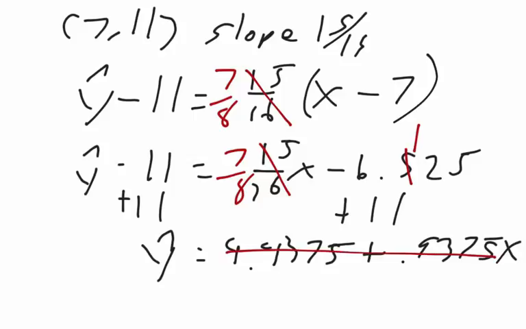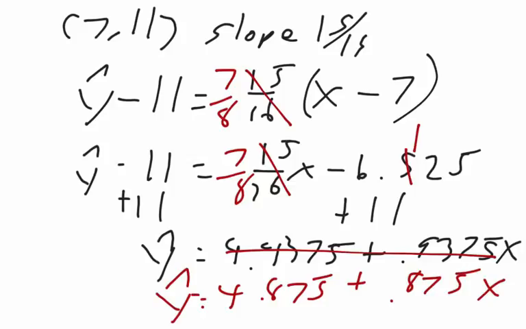This becomes 4.875 plus 0.875x. So I'm sorry, and that's why we do math with pencils and not markers. Just to clear this up, y hat is always equal to a plus bx.